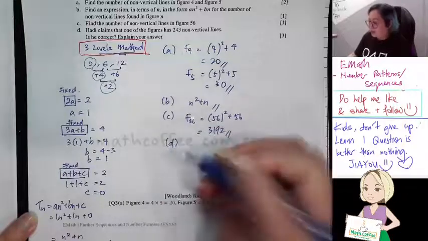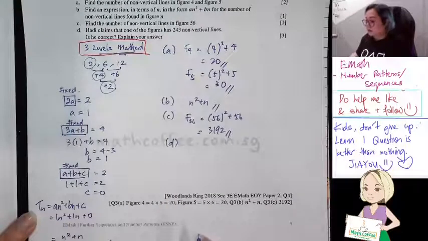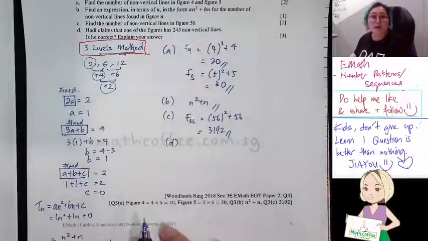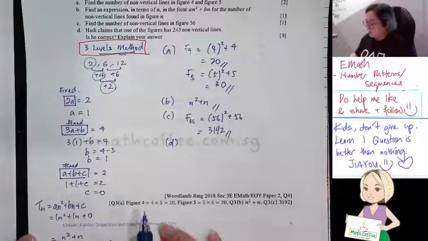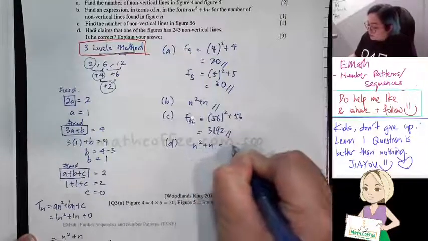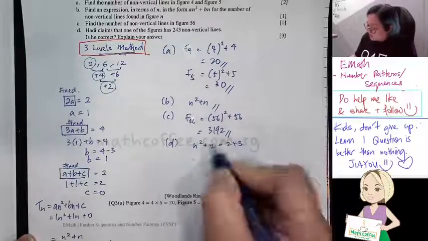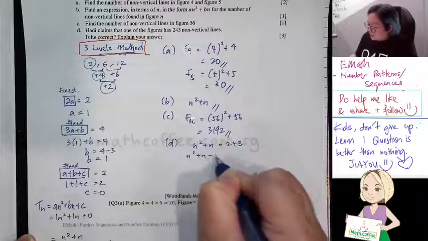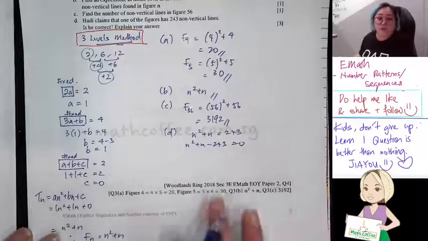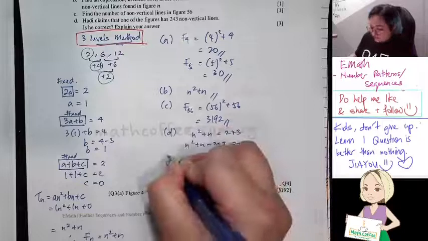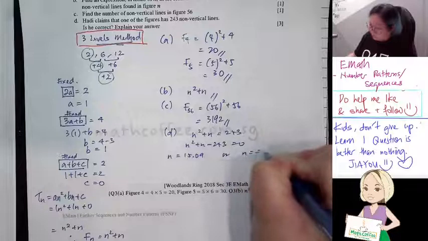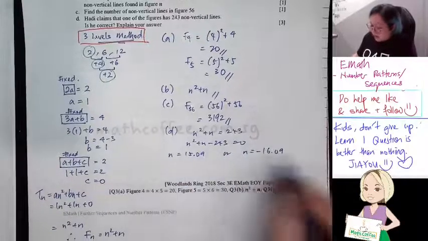Lastly, again, the popular question, they say, okay, Hardy claims that one of the figures has 243 non-vertical lines. Is he correct? Explain your answer. Same thing. Since I already have this, you will say, okay, I'm going to let n squared plus n equal to 243. So let's solve this. N squared plus n minus 243. Okay. When you solve, you can actually apply the quadratic formula, no problem. So as a shortcut, I will write n equals 15.09 or n equals negative 16.09. And there's no integer.